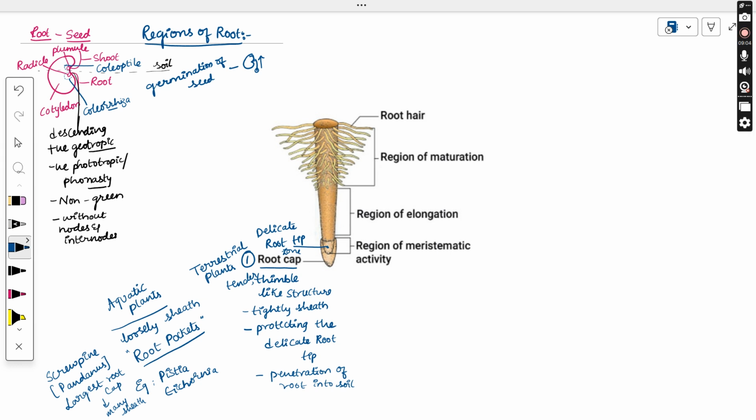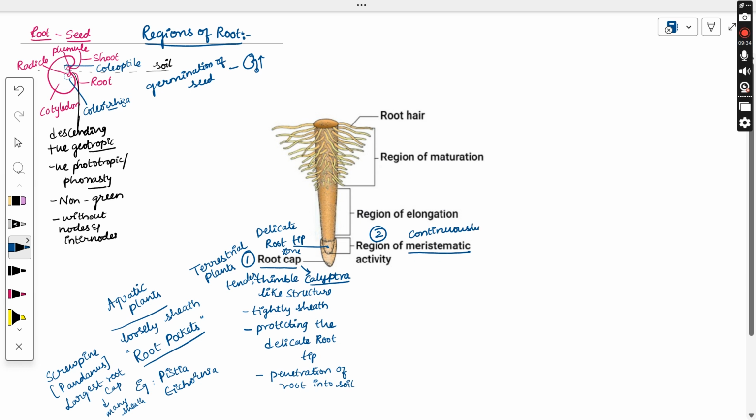This root cap is also called the calyptra. There is another name for the root cap; we call it a calyptra. Why are we calling it calyptra? It originates from meristematic activity. Usually the root tip region is called the region of meristematic activity, which we are considering here as the second region, as the meristematic cells are there. Meristematic cells have the capability for continuous division.